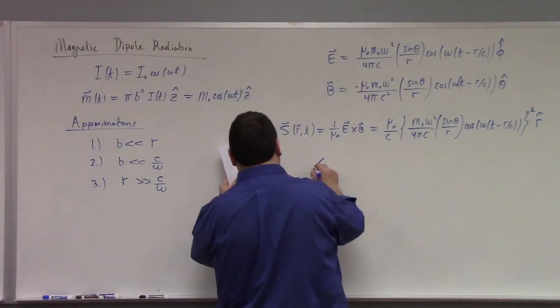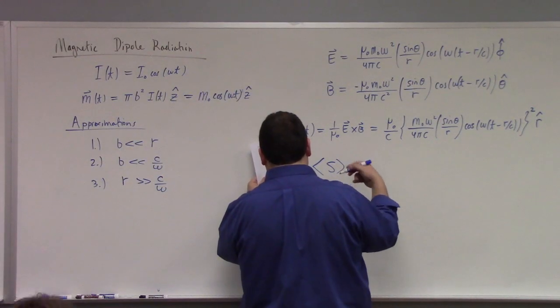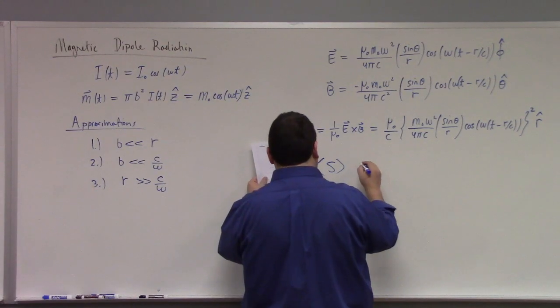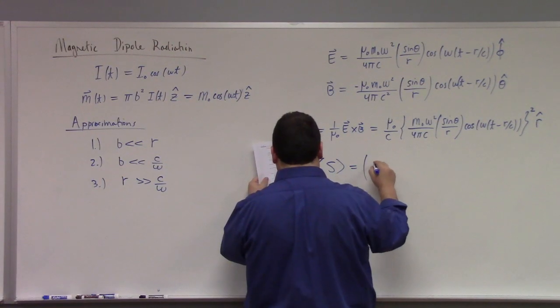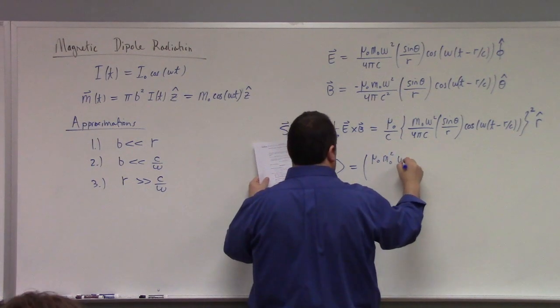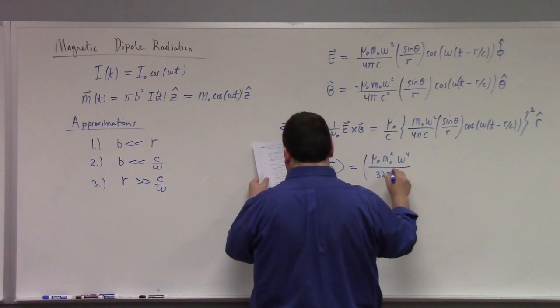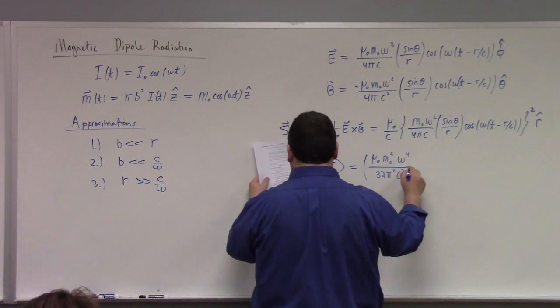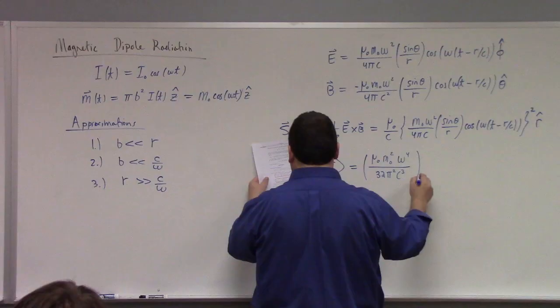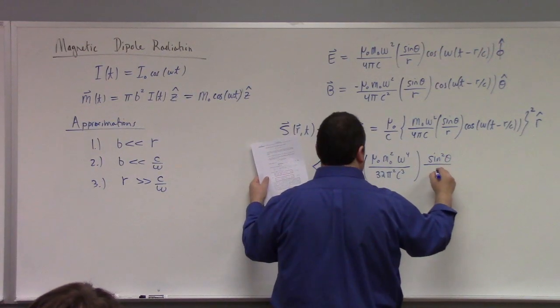The average of the Poynting vector is called the intensity. And the intensity here is equal to, parentheses, mu naught m naught squared omega to the 4th divided by 32 pi squared c cubed, close parentheses, sine squared theta divided by r squared r hat.